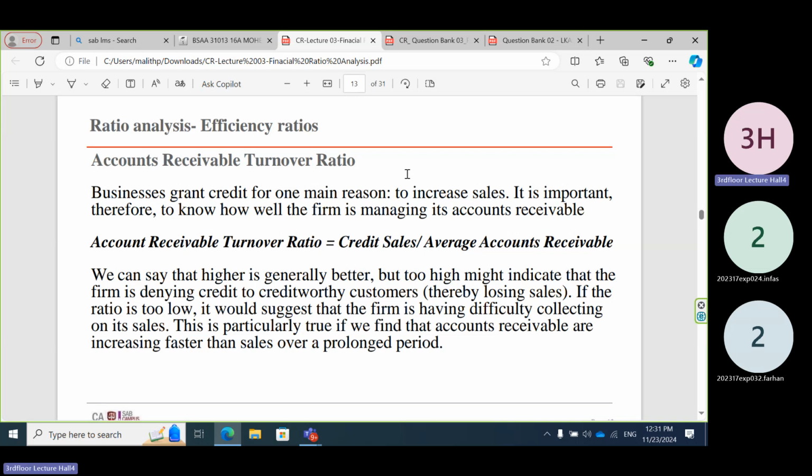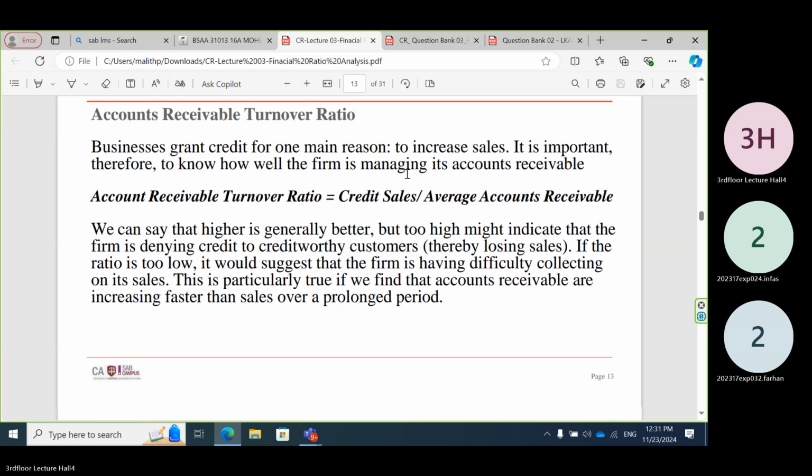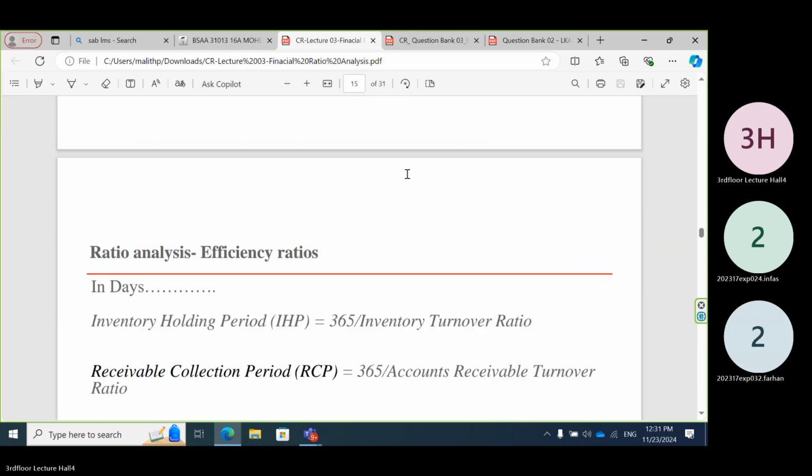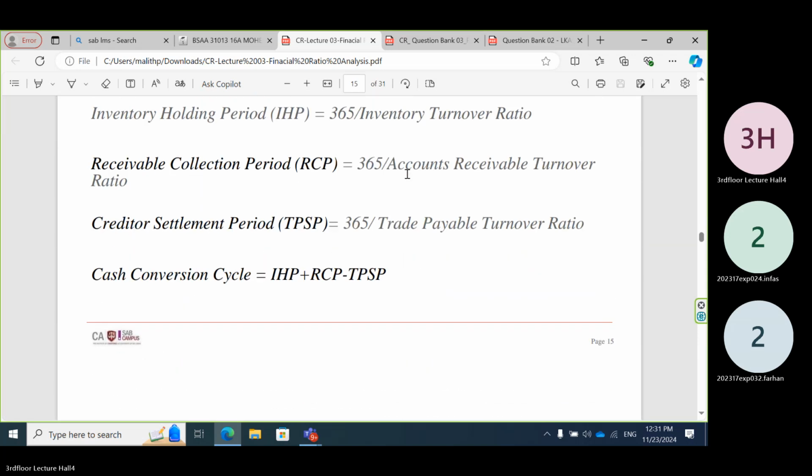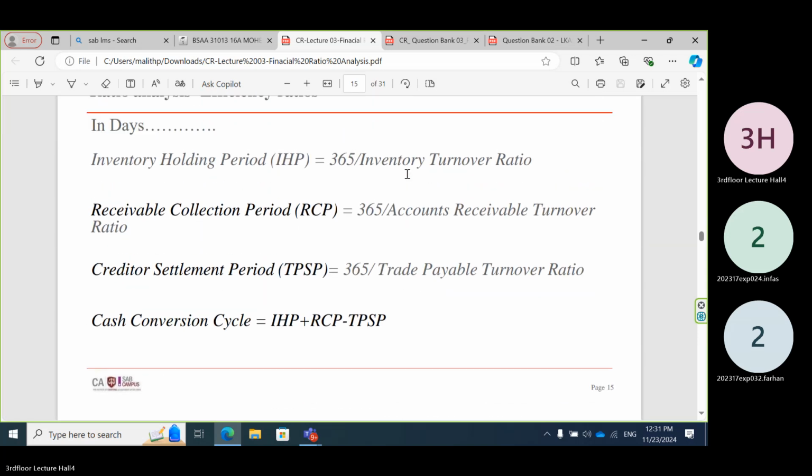Here, we have already discussed inventory turnover. Now we are going to debtor turnover. All together, we can say cash cycle. Cash conversion cycle.